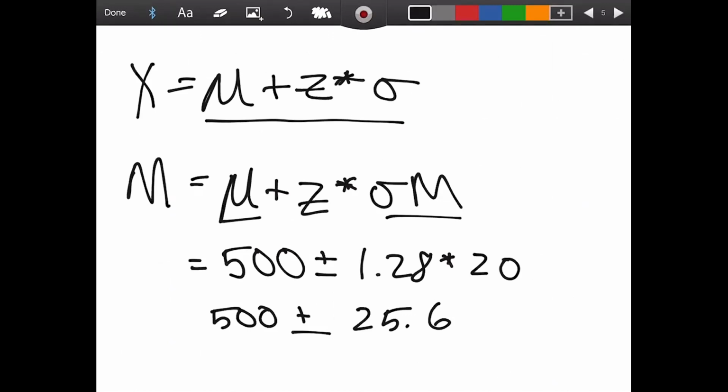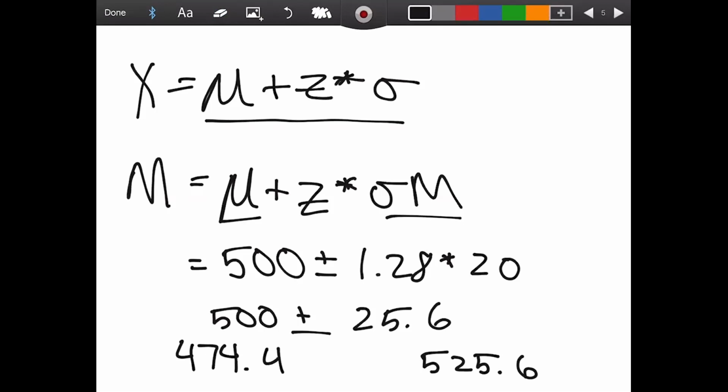So if we add 25.6 to 500, we get 525.6. And if we subtract that from 500, we get 474.4.